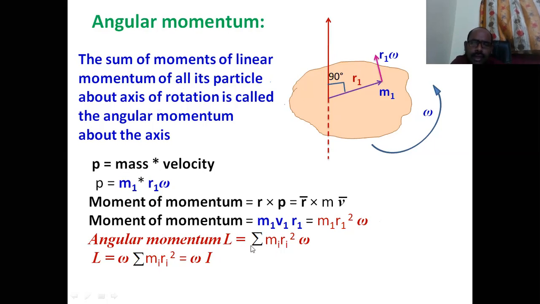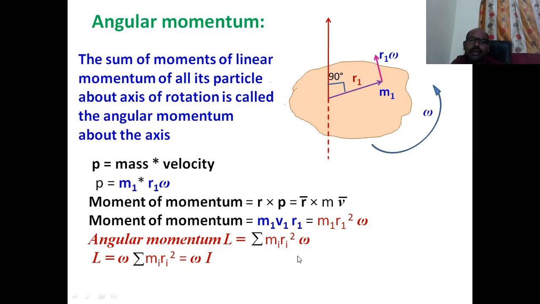So here we are getting m1 r1 square omega plus m2 r2 square omega plus m3 r3 square omega and so on. So if we generalize it, angular momentum L bar is equal to summation mi ri square omega.